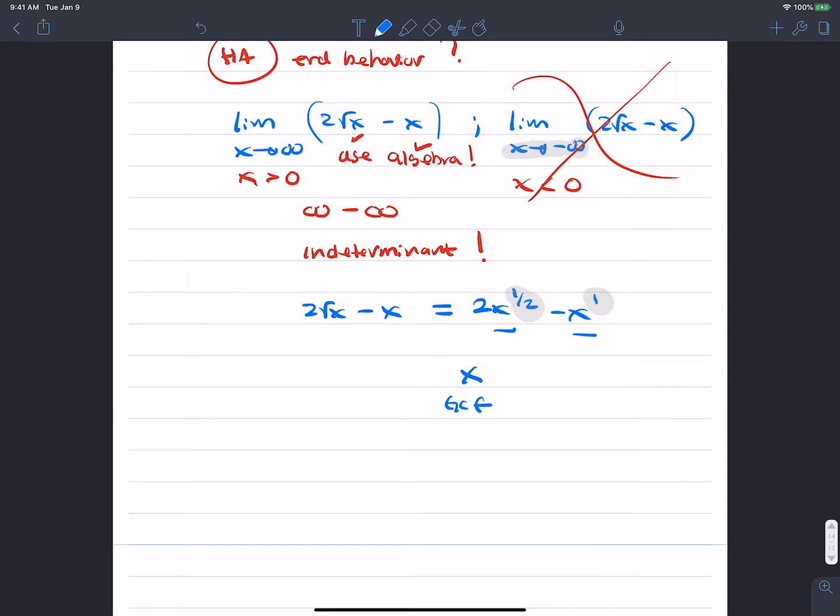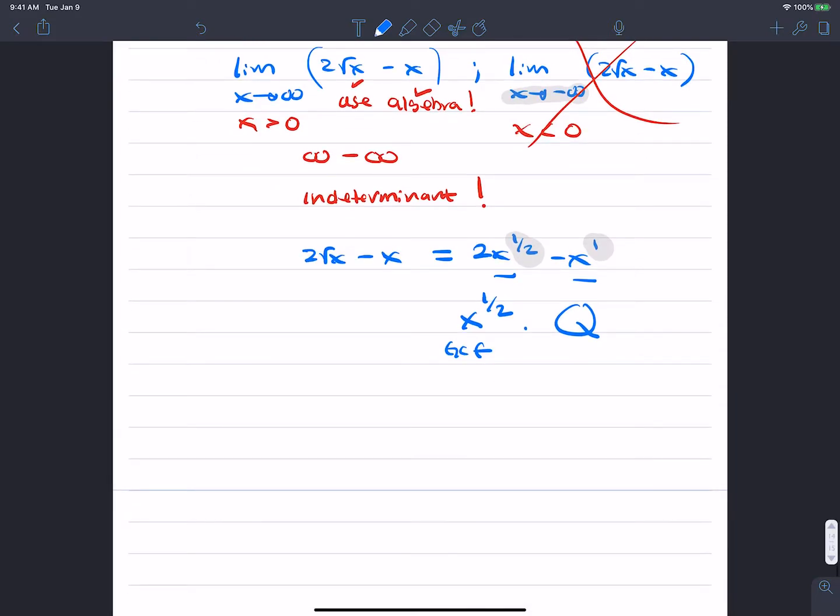So you have to know what's smaller, 1/2 or 1? 1/2, good. And don't forget, the rest is going to be multiplied by some quotient. This is factoring out x to the smallest power, factoring out your greatest common factor, but it's done with rational exponents now. Okay, factoring the greatest common factor with rational exponents.